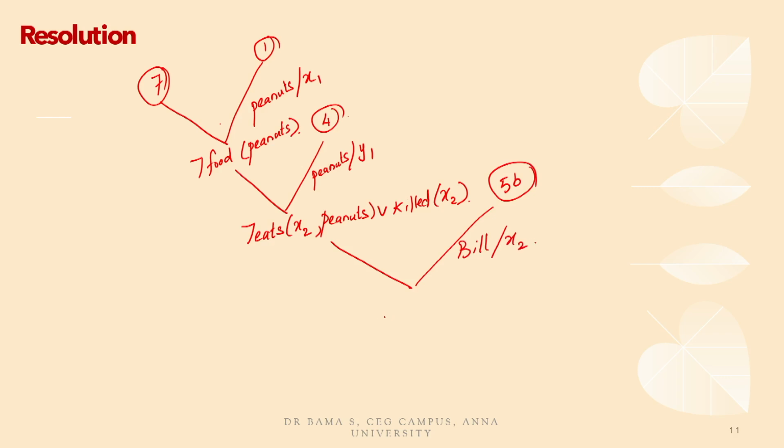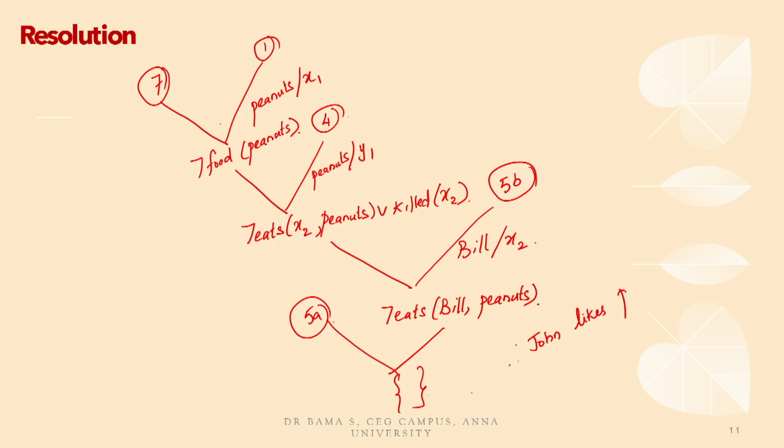So, you would get not eats Bill peanuts, and when we have not eats Bill peanuts, we already have 5A there, which is Bill eats peanuts, and these two will lead to a null clause, and through this we can say that John likes peanuts. So, what we are concluding is John likes peanuts.